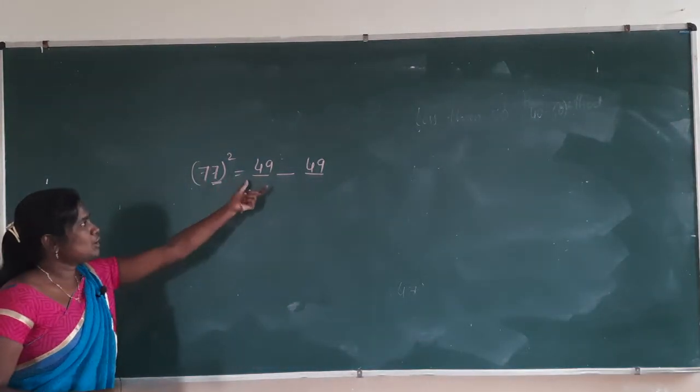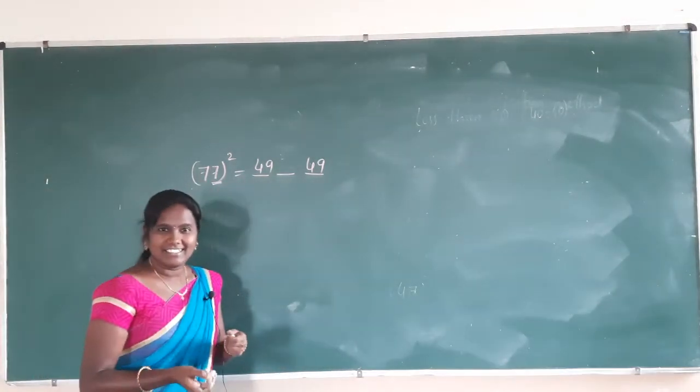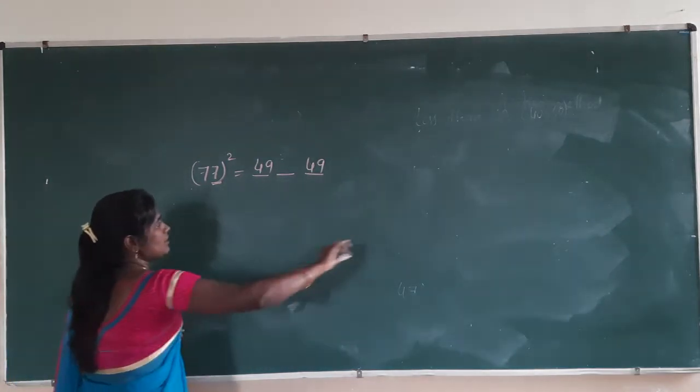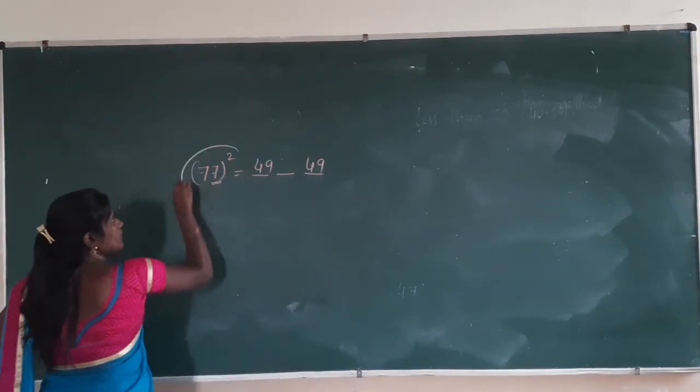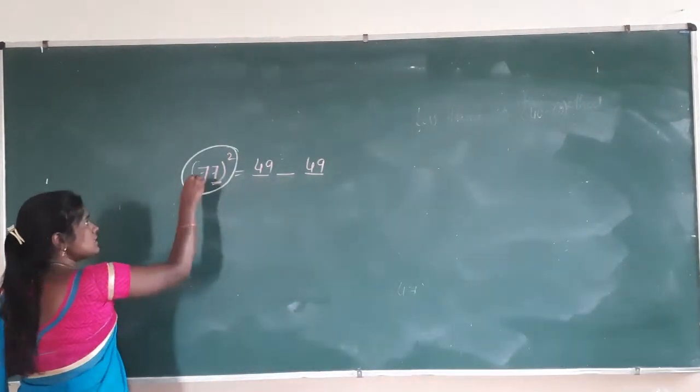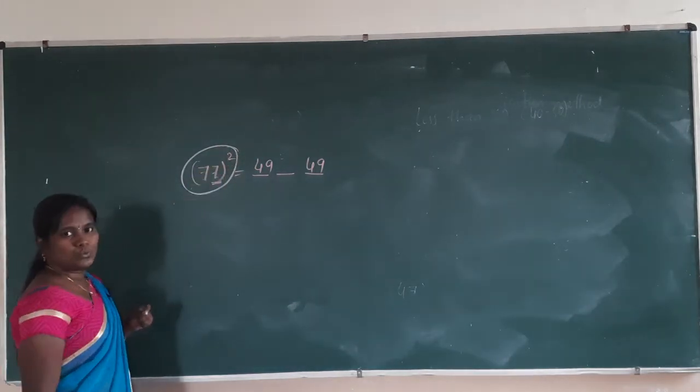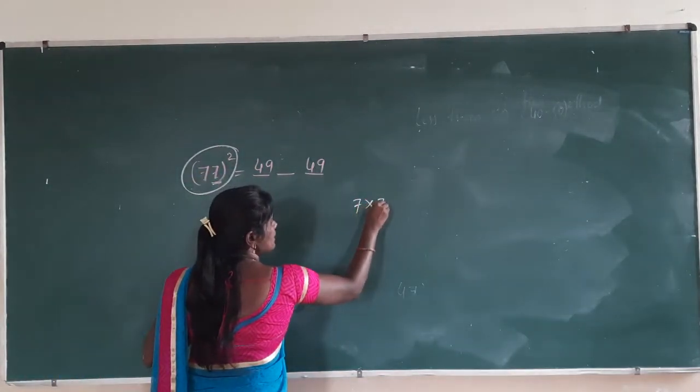Then, what about the middle blank? Yes, there is also something. See, for 77 square, we have to consider 7 into 7 into 2.